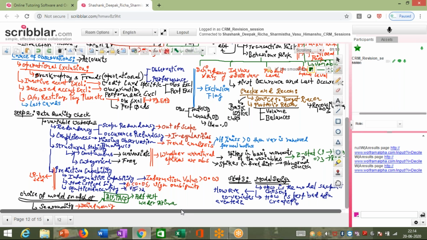So let's start with this part from tomorrow's discussion. Tomorrow we'll talk about the model design of the PD and LGD for the QRRE segment. We will go back to the detailed data that we have prepared, like the exclusions that we had done, and compare it back with this.